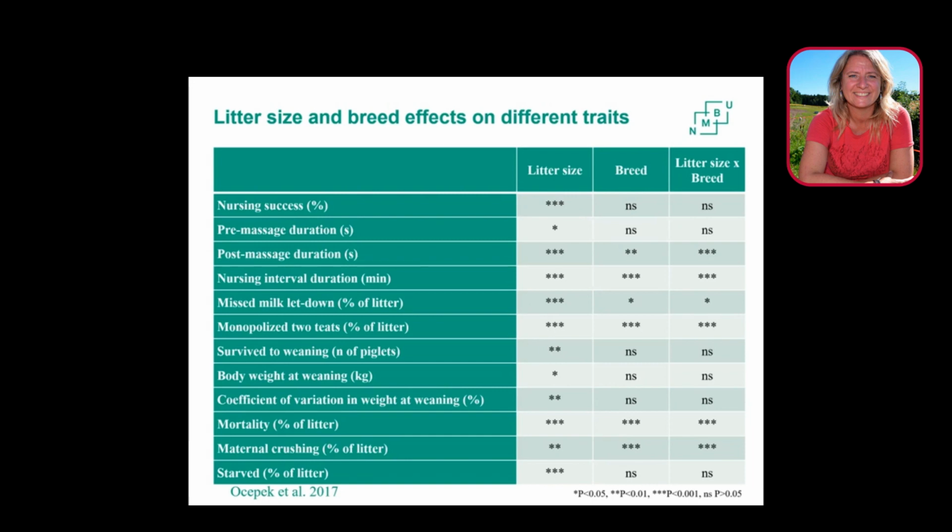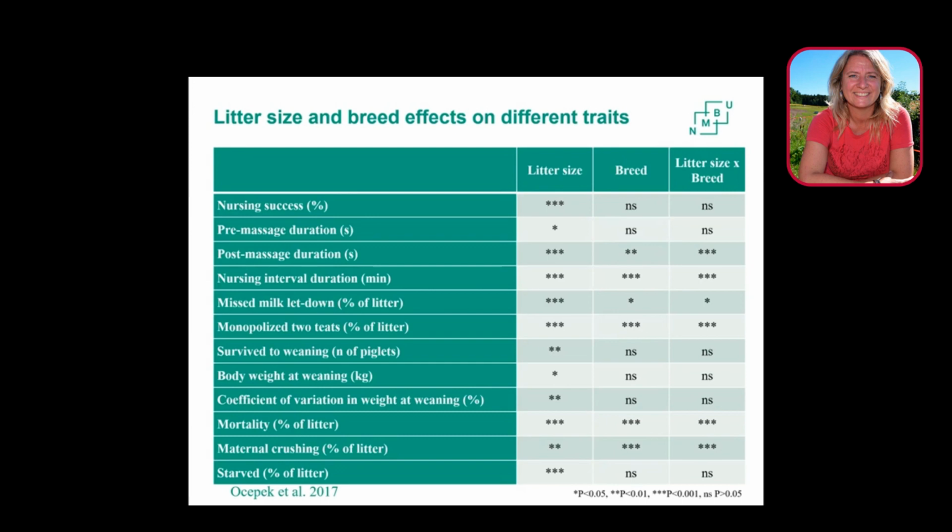Fewer piglets survive until weaning, and the litter has a larger variety in body weight and in weight gain during this entire period. We have larger mortality, caused both by crushing by the mother sow and also starvation.